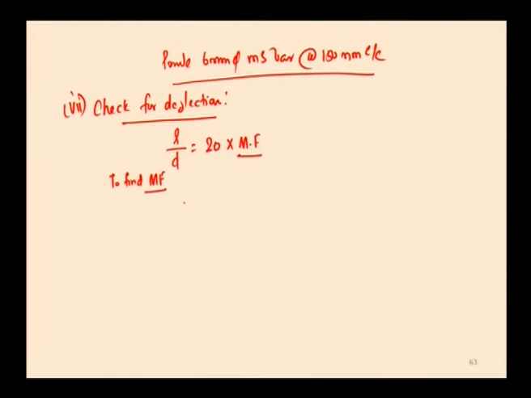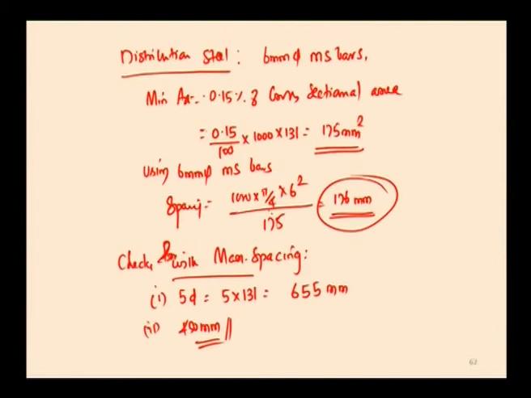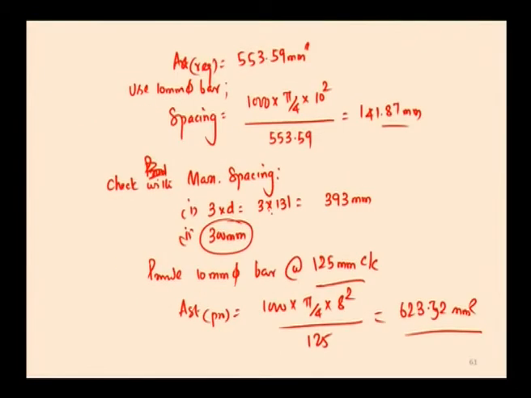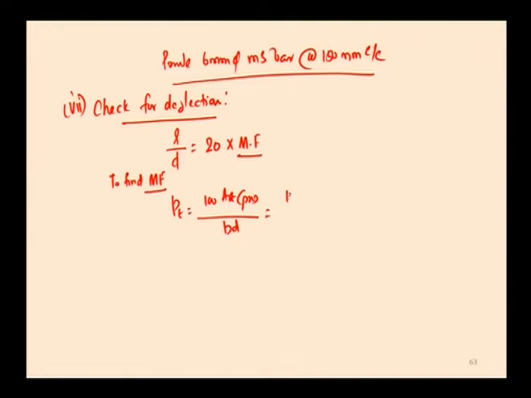Normally, the graph shows the percentage of reinforcement versus modification factor, percentage of reinforcement is 100 AST provided divided by BD. So, AST provided here is 623.32. 623.32 divided by 1000 into 131, that is 0.46 percentage.